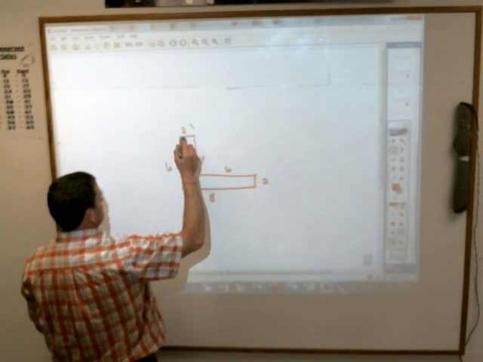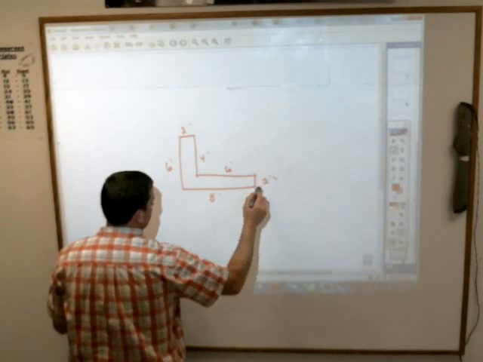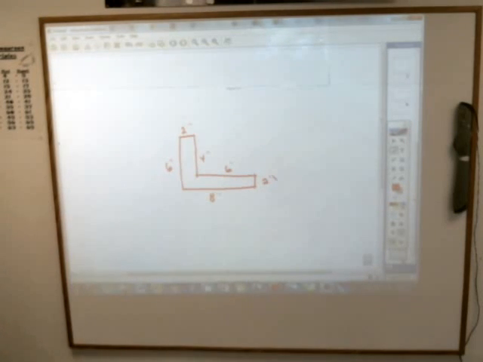These are all inches. Draw that and tell me the area of that little L-shaped thing. See if we can figure this one out. What is the area?